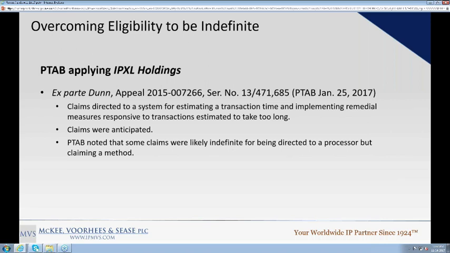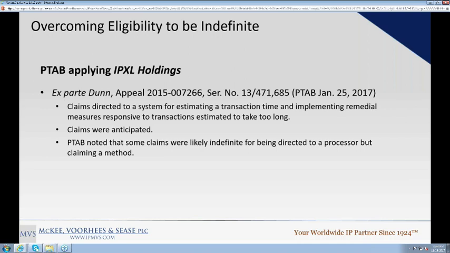I went out and looked at the PTAB docket, I tried to look mostly for just this year for some cases where this issue came up based on different limitations that were in the claims. And you can see here, this is Ex parte Dunne, and this decision came down in January of this year. And the claims were directed to a system for estimating a transaction time.